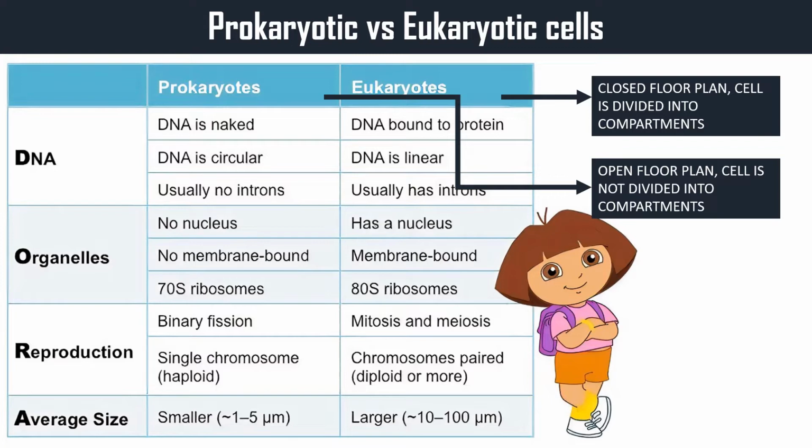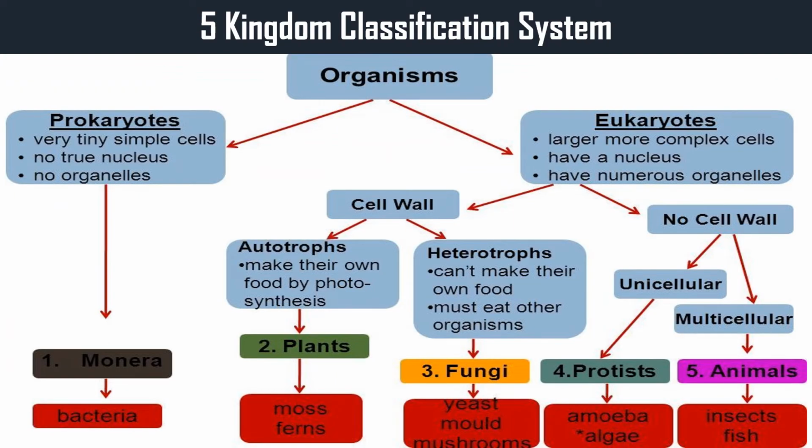These observations eventually led to the development of a classification scheme that divided organisms into a five kingdom system. So we said that organisms can be divided into two types of cells, either they have prokaryote cells or they have eukaryote cells. So we can say that they are prokaryotic organisms or eukaryotic organisms.